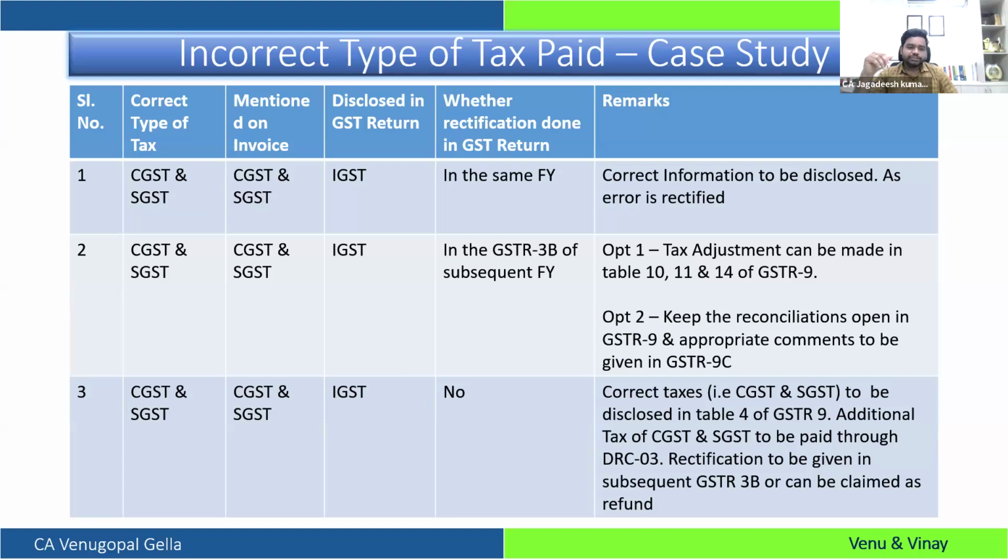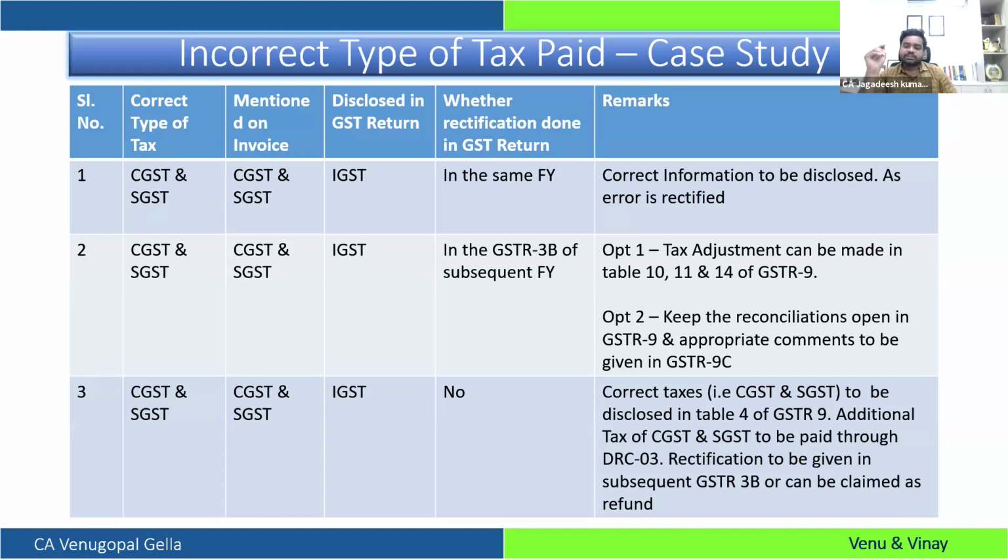And coming to the next issue, the actual liability is CGST and SGST, and you have discharged IGST, but you have not made any rectification, either in the previous year or in the current year. In that case, you have to report the correct type of tax in the table 4 itself. And obviously, in table 9 of GSTR-9, you will get the difference, that is the tax paid versus payable.